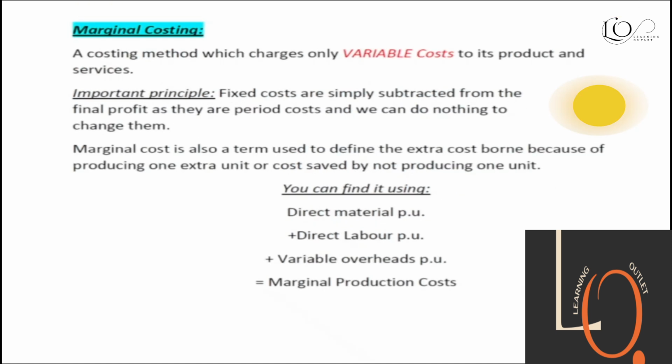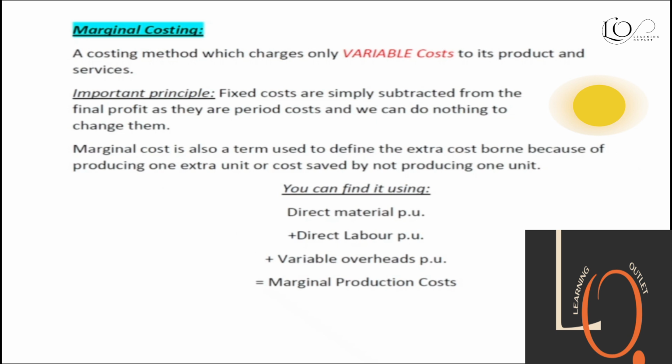Second method we are speaking about is the marginal costing method. So absorption costing, we learned, is full production costs, everything taken into account. Marginal costing, on the other hand, is a method that charges only variable costs to its products and services.